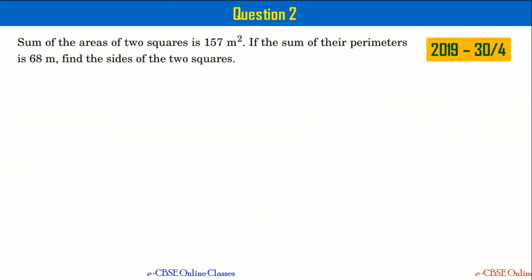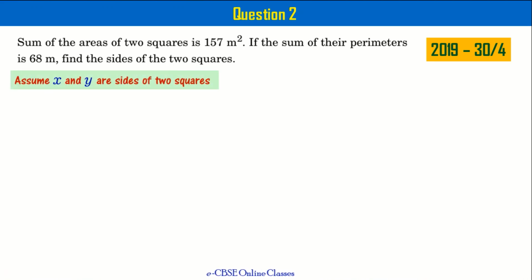Sum of the areas of two squares is 157 meters square. If the sum of their perimeters is 68 meters, find the sides of the two squares. It is from 2019, set number 4. There are two squares and their areas are given.